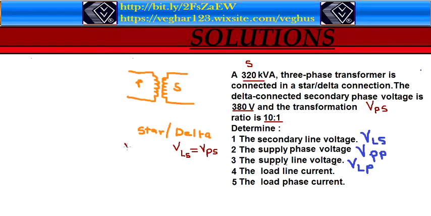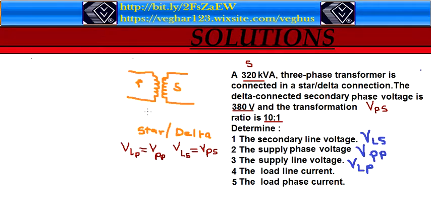Then on the star side, line primary equals √3 times phase primary, because it's the primary side.